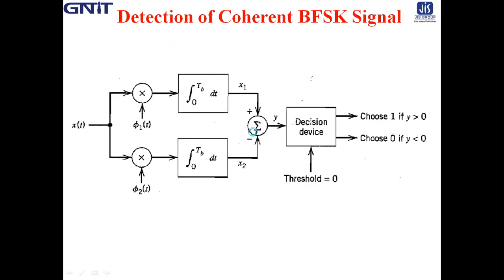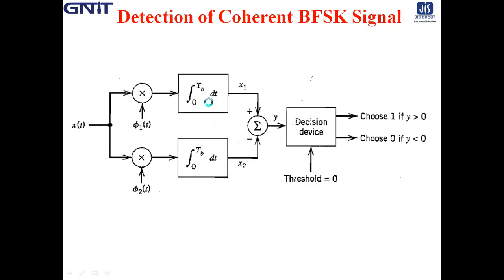It consists of basically two correlator circuits. Correlator means a multiplier followed by an integrator, with a common input, which are supplied with locally generated coherent reference signals, say phi 1t and phi 2t.